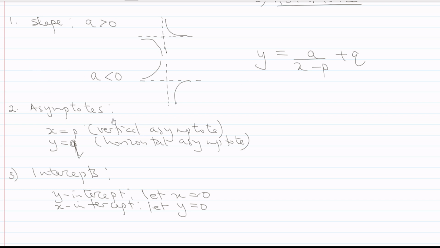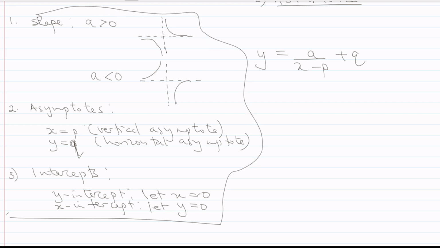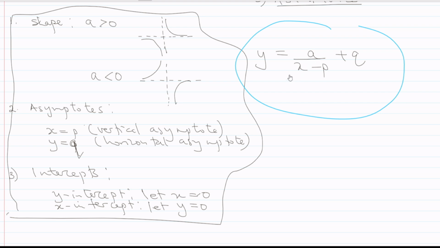Now what we have mentioned here in this section summarizes the hyperbola, this function that we have given here, y is equal to a over x minus p plus q.